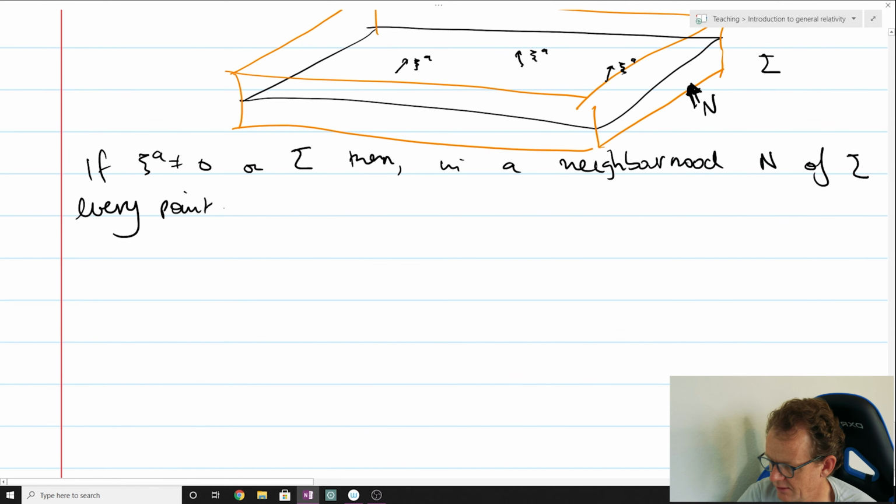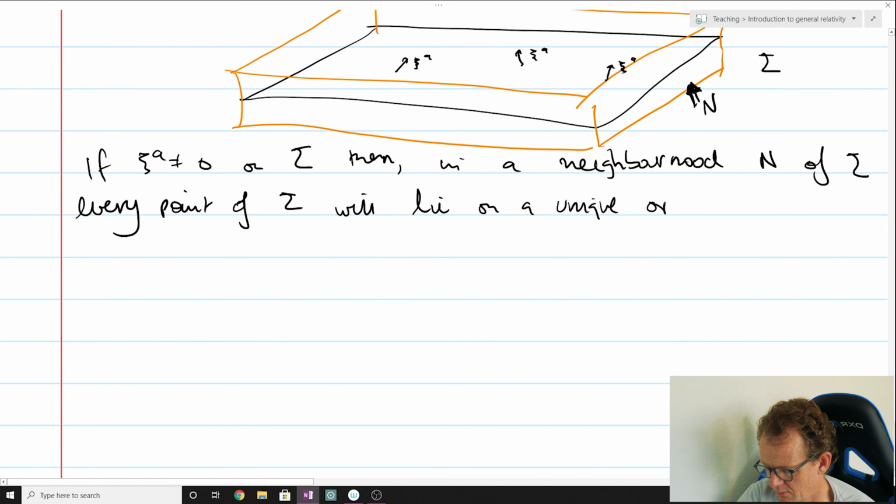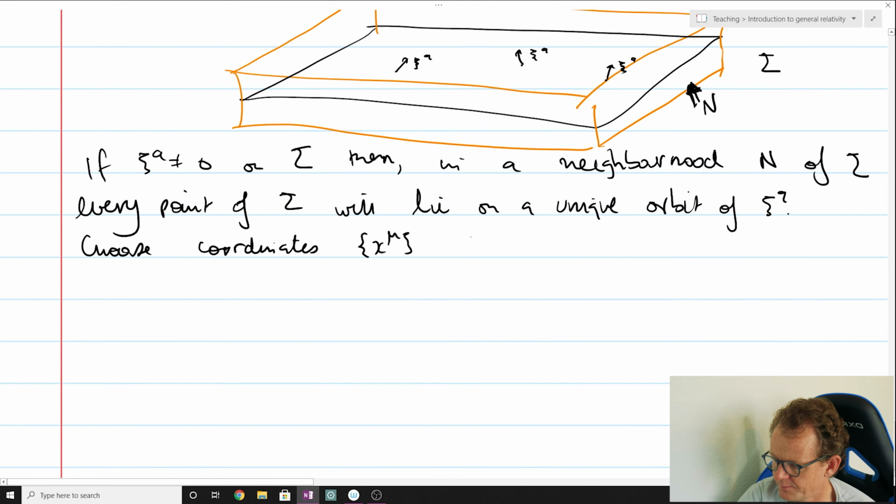So as long as psi a is not 0, then every point of our hypersurface sigma will lie on a unique orbit. And so now we're going to choose some coordinates on our hypersurface, and we're going to extend these to a coordinate system of our whole spacetime.